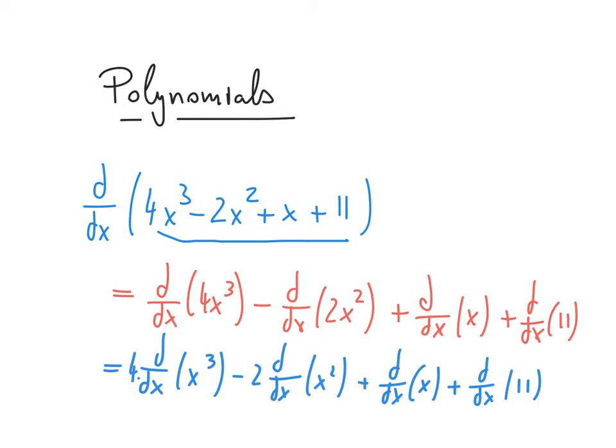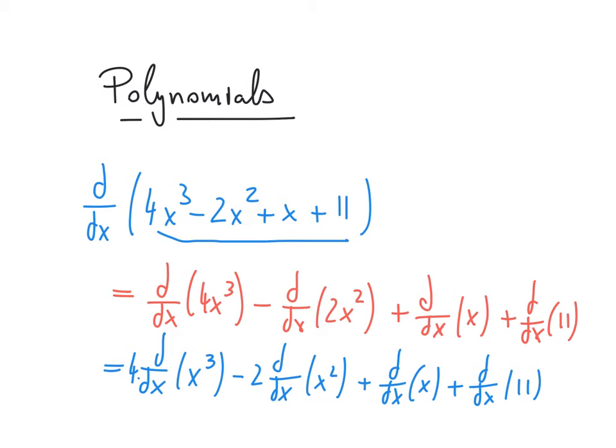And now I can completely resolve everything by just applying in the next step the power rule or the linear function rule. The linear function rule is, again, I would say just a special case. You can consider this of the power rule and the sum rule. And here we have a constant function.